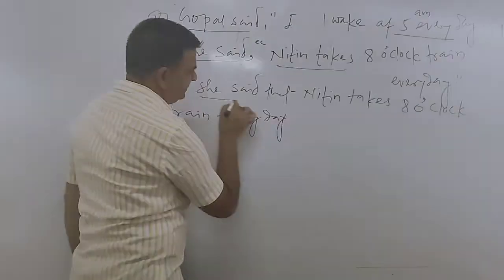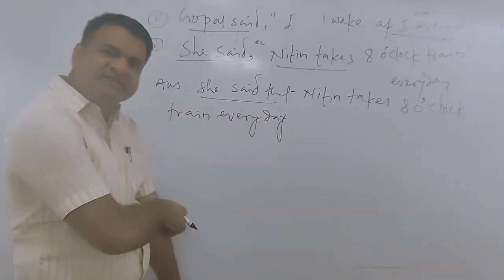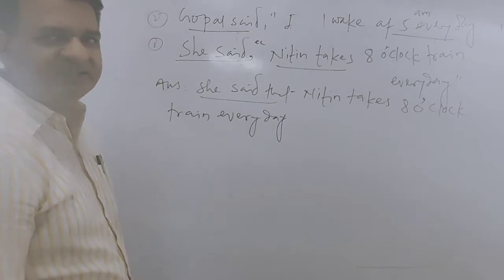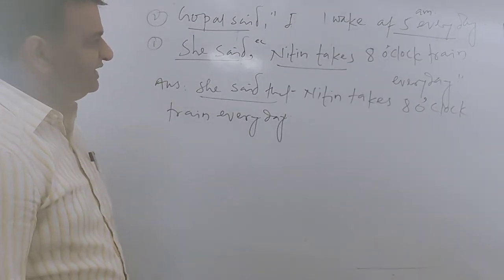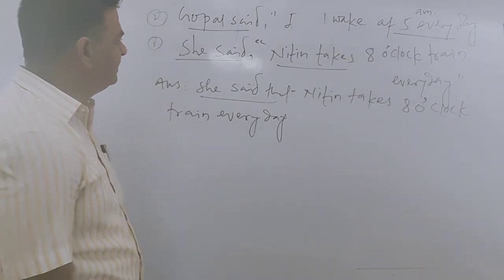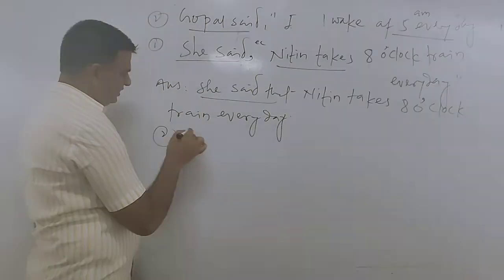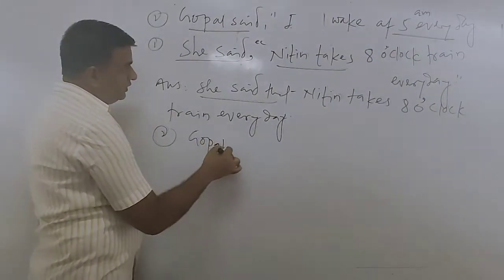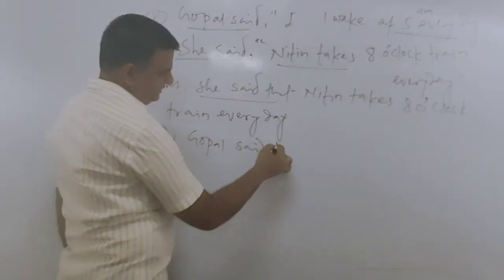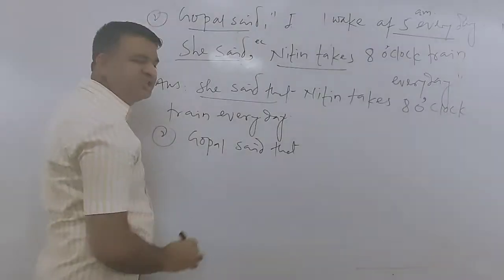The reporting verb is in the simple past, but the sentence doesn't bring any change. That was the first one, now the second one. Gopal said that I will change into he.